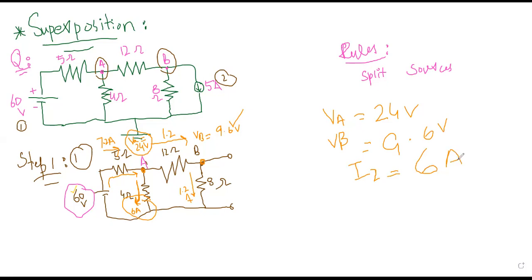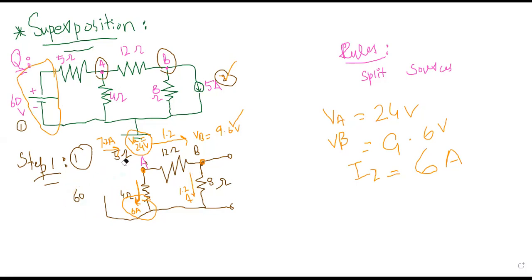Now moving towards my step number 2. This was step number 1. For step number 2, I will use the open circuit or short circuit, and I will split this part, and then I will not use my battery source.